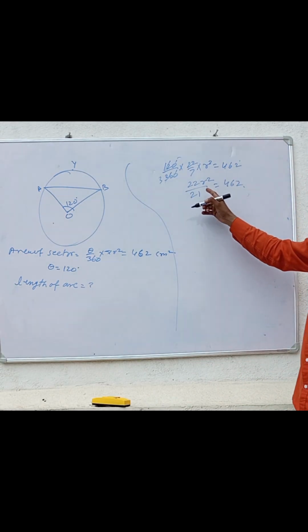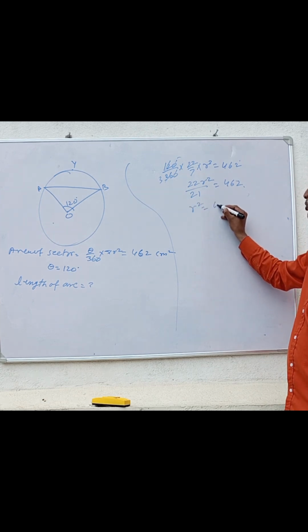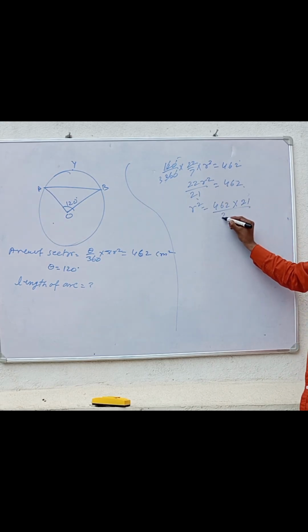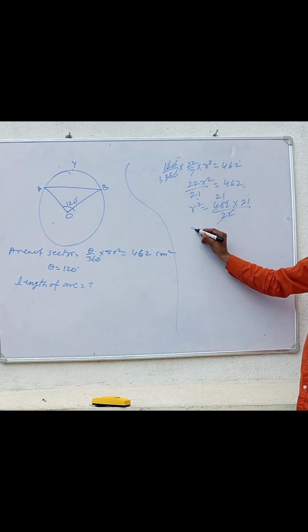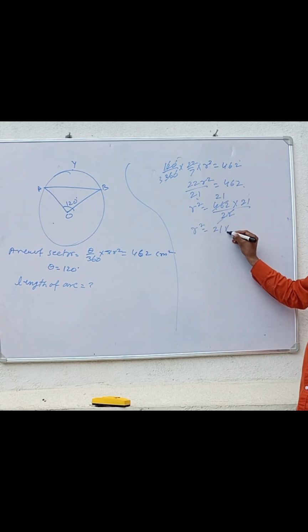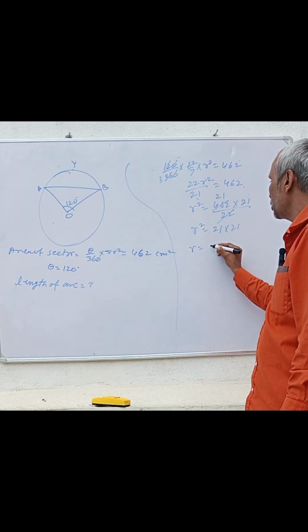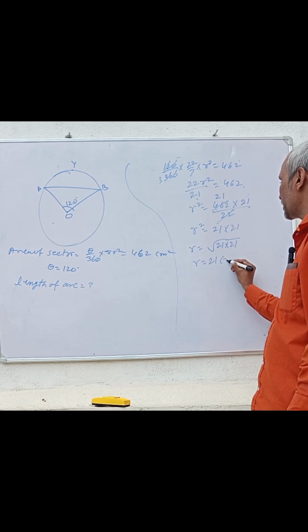Transposing it from this side to this side changes it to the reciprocal. r square is equal to 462 into 21 by 22. 22 times 21 is 462, so r square is equal to 21 into 21. Then we find the root, so r is equal to root of 21 into 21, and we got r equal to 21 centimeter.